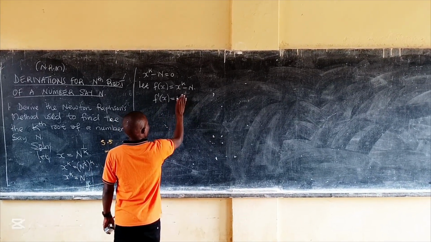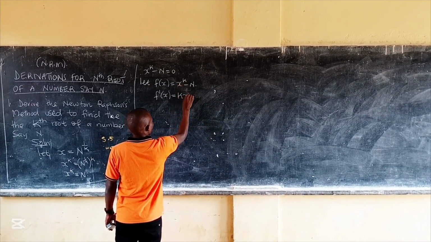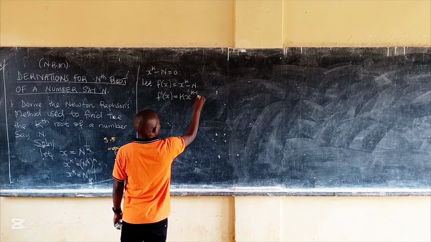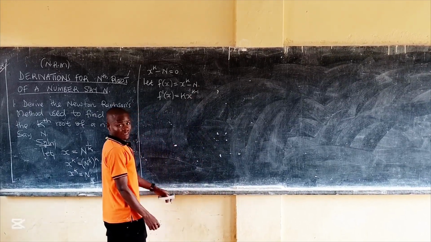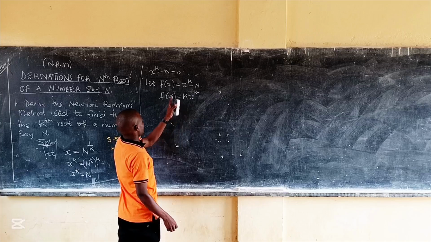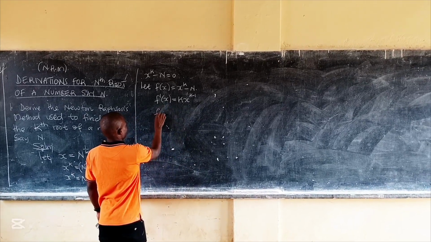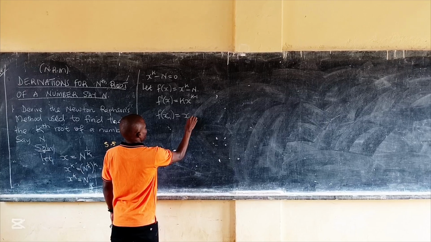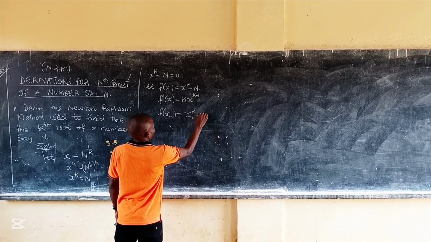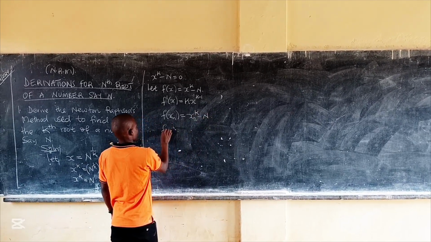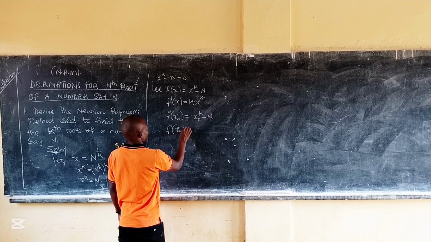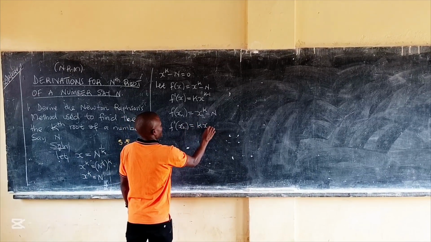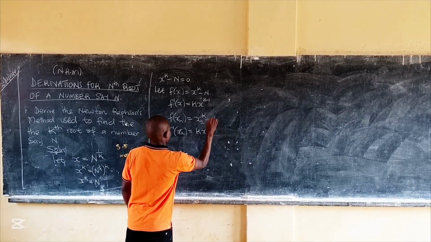This will be k, drop the power, reduce the power by 1, and when I differentiate n, I get a 0. So this is the derivative of that. Then we can now substitute xn, and this is going to be xn power k minus n, and then the derivative is going to be k xn to power k minus 1.